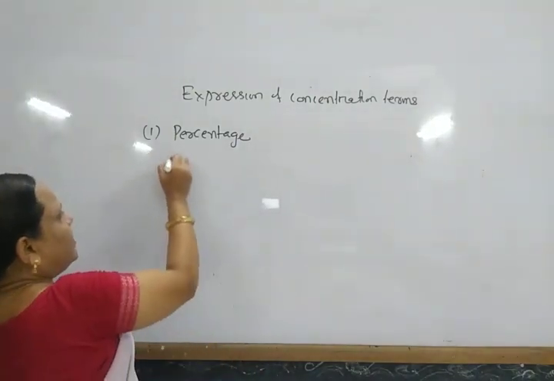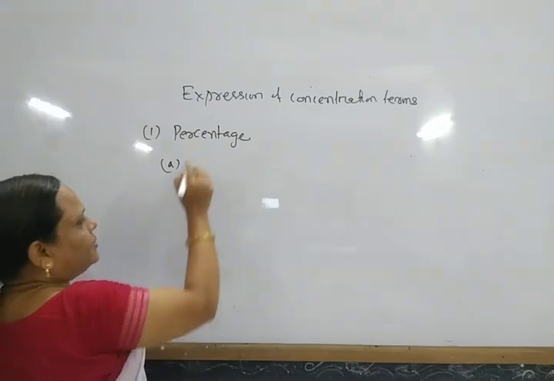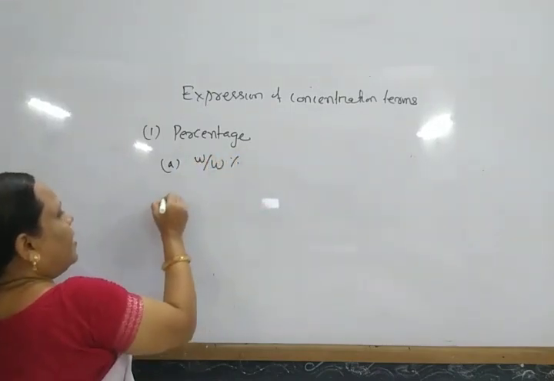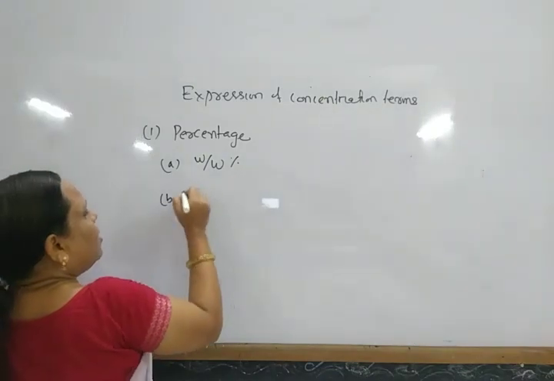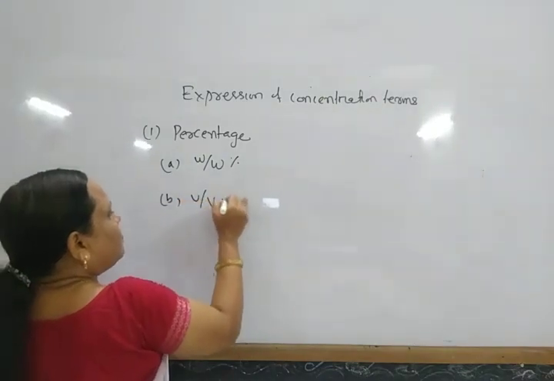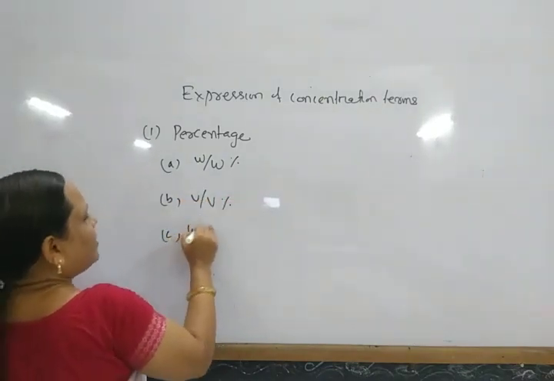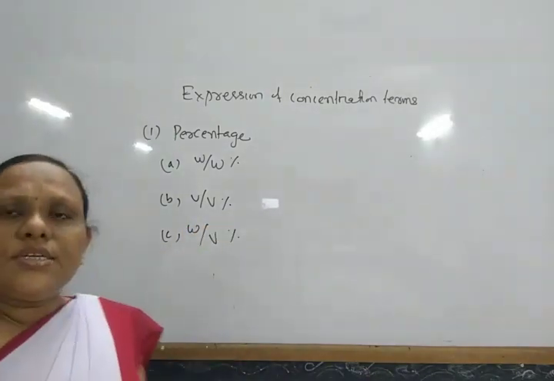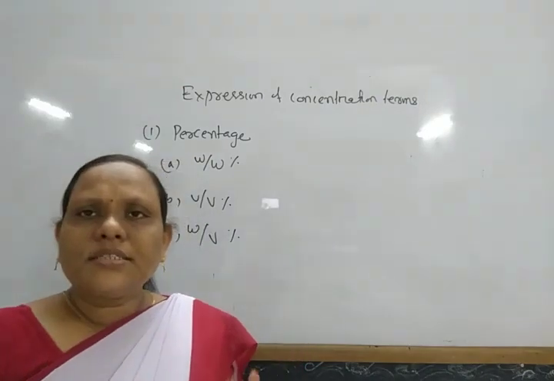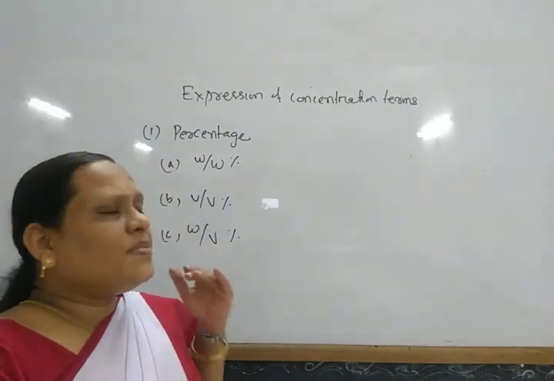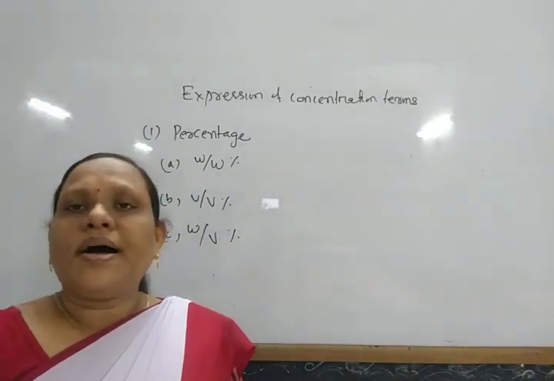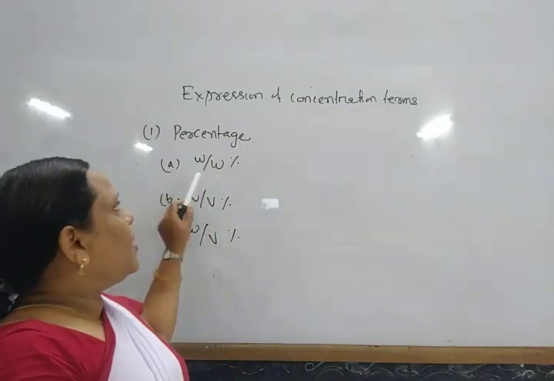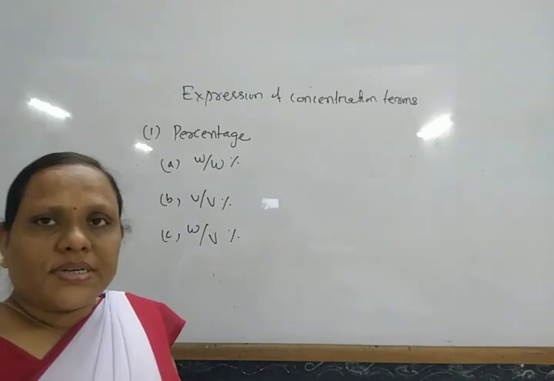That is, weight by weight percentage, volume by volume percentage and weight by volume percentage. The number of parts by mass of the substance which is present in 100 parts by mass of the solution is known as weight by weight percentage.